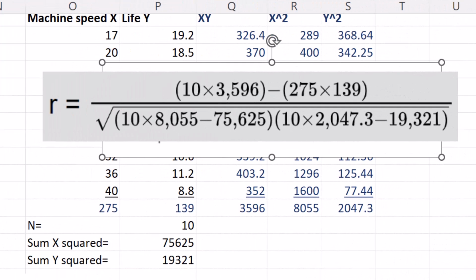Now that you understand how to calculate the variables, how to plug them into the formula, it's time to practice doing the calculation. And you have to be very careful here to preserve the order of operation. So you've got to do the items that are in the brackets first. So you've got to get the numerator, and then you've got to get that denominator.